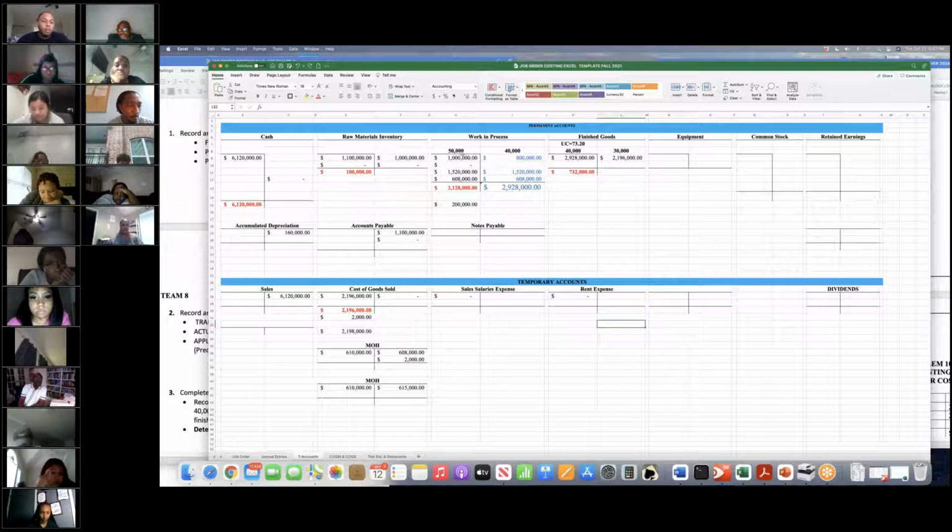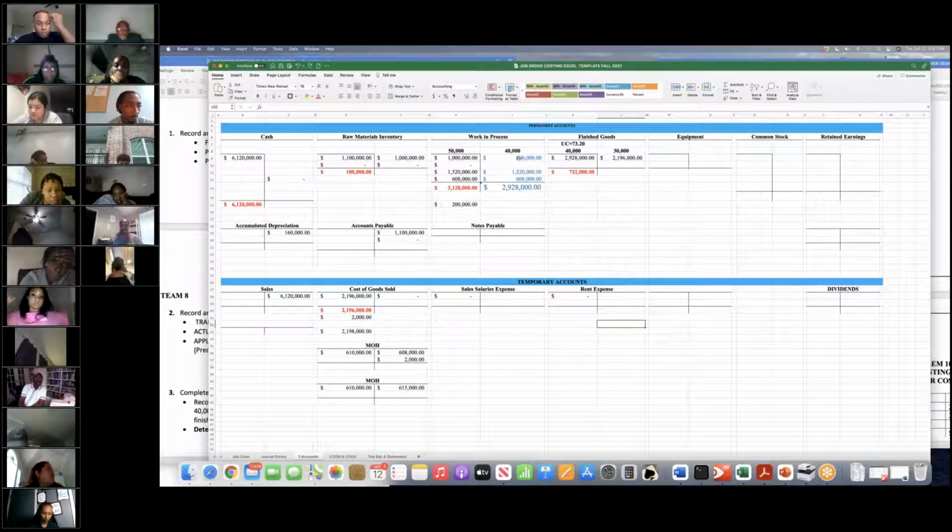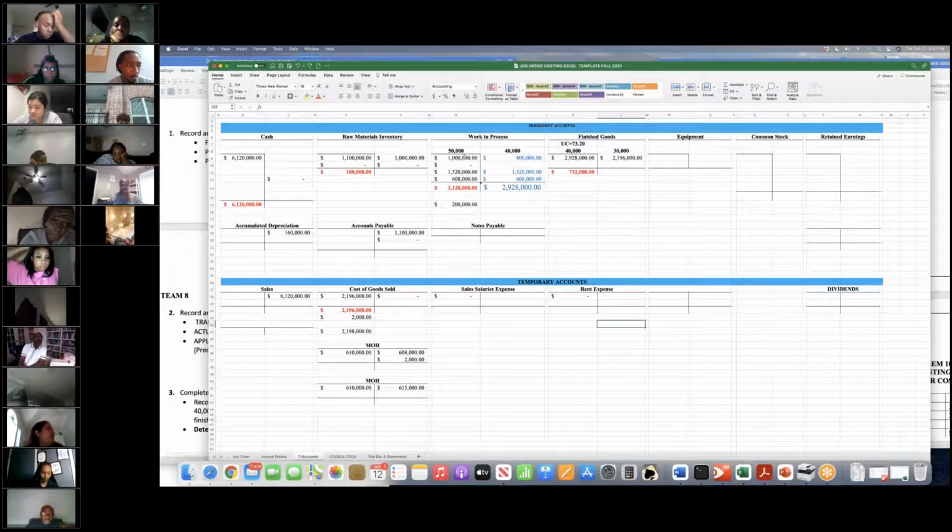We were supposed to complete 50,000 books. We only completed 40,000. So we've got to transfer some of this cost out. But how much? In the assumption on job order, we're going to transfer out all of the labor and all of the overhead, but we're only transferring out a portion of the raw materials because they will stay there.